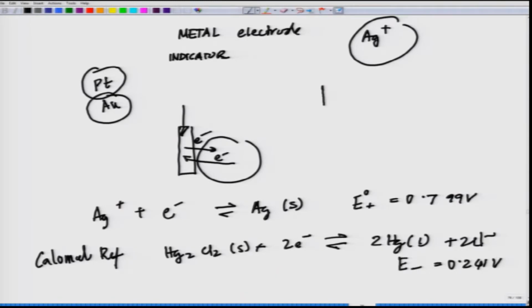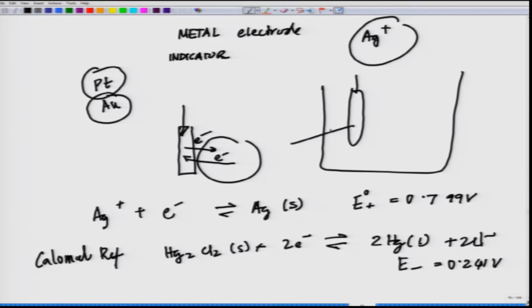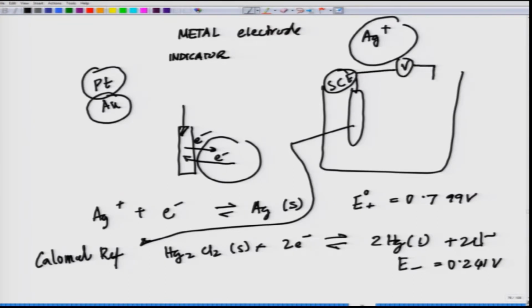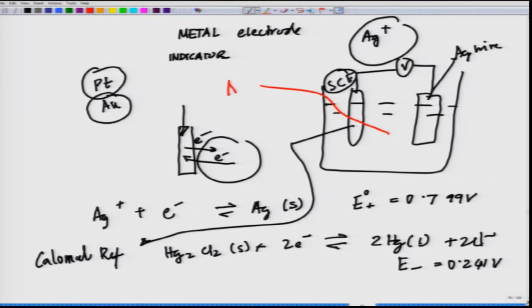And if you have to picture it, it will be something like this. Here you have the reference electrode sitting there, double junction saturated calomel electrode, the standard calomel electrode we have talked about. Here you have the voltmeter, you are measuring the voltage, and here you have the Ag wire, and the solution has the analyte, Ag plus aqueous.